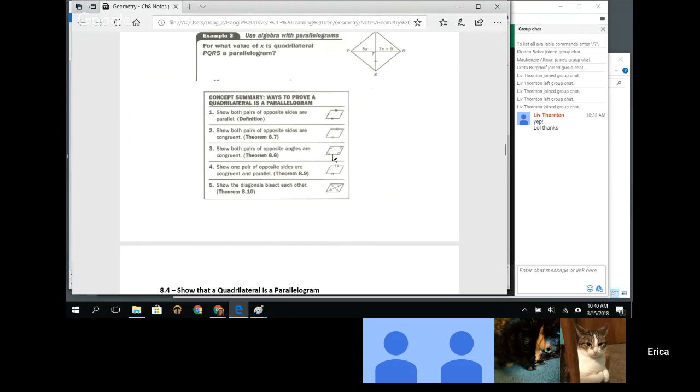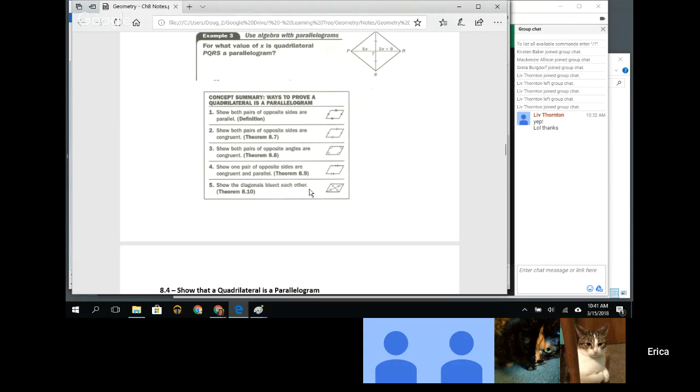We could show that both pairs of opposite angles are congruent. We could show that one pair of opposite sides are both congruent and parallel. Or we can show that the diagonals bisect each other. So those are all ways, if we don't know if something's a parallelogram, that we can prove it is a parallelogram. This is just a nice little review of all the ways that you can show something's a parallelogram.